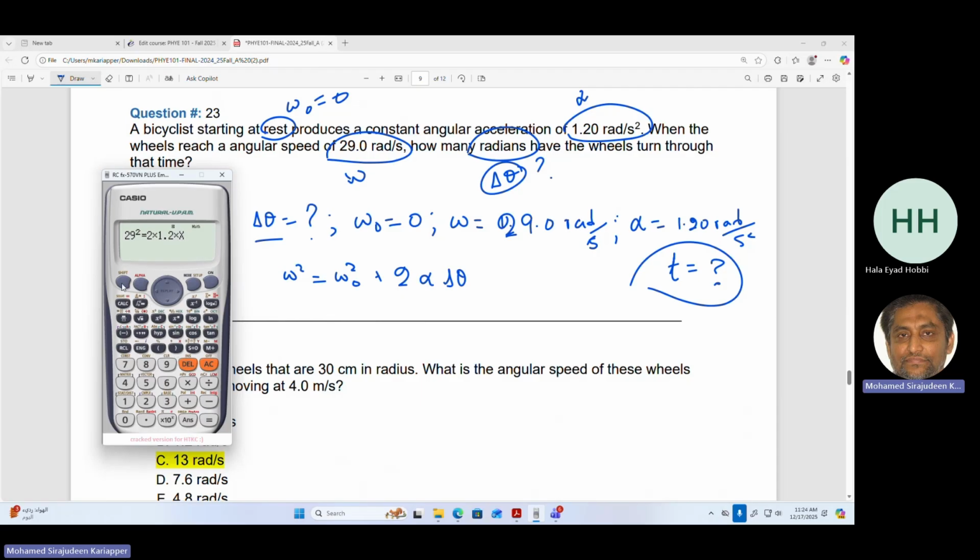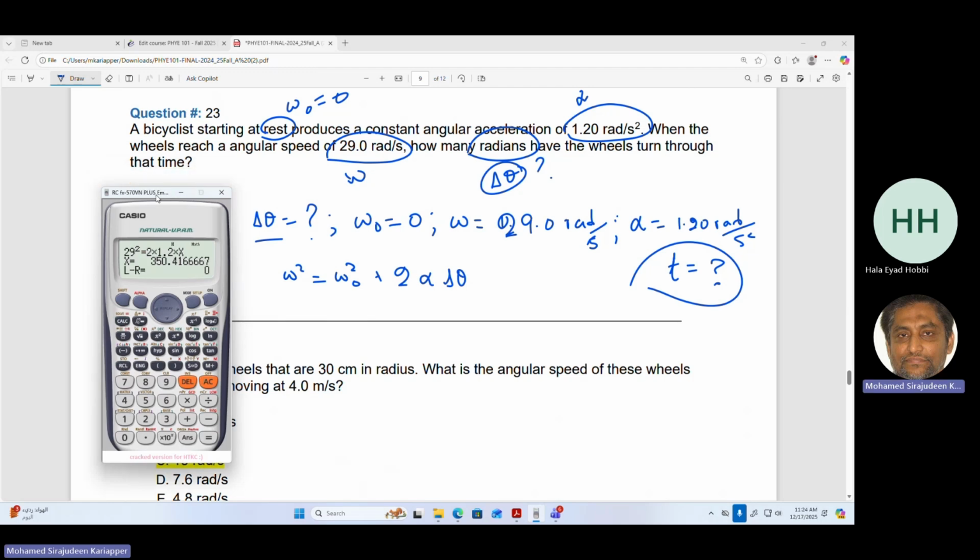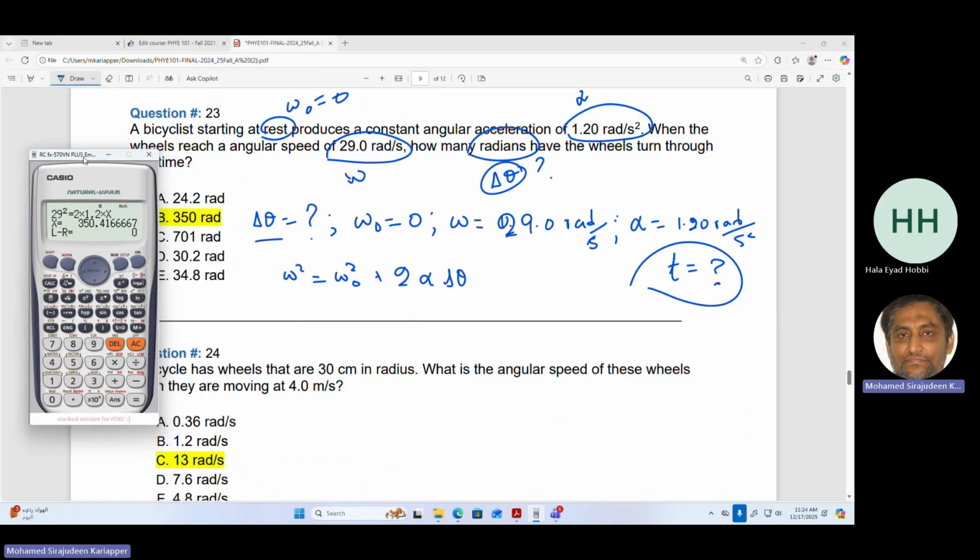That's it. Solve it. Please correct me if I make any mistake. All right. 350 radian. Okay, got it. Can move on now.